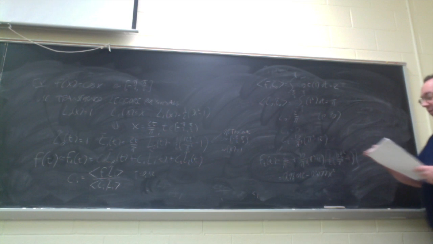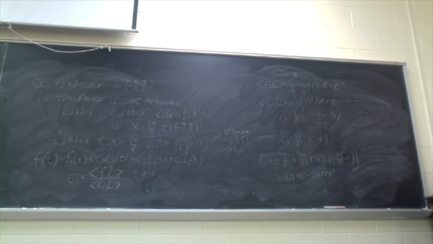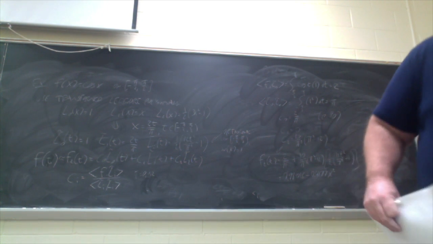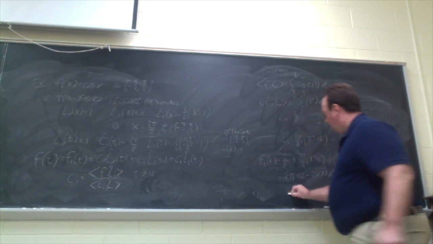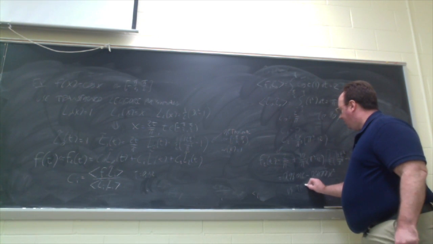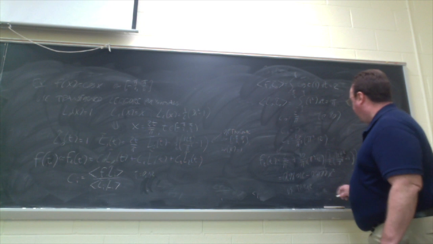Now, this is in contrast to, I don't have a picture of this somewhere. Oh, it's over here. Now I want to compare this to the Taylor polynomial of second degree.